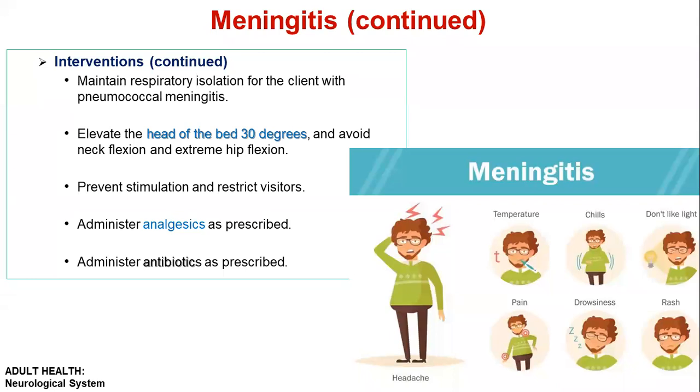In case of meningitis, nursing care is most important. Droplet precautions until antibiotics have been administered for 24 hours. So it is very important to isolate the patient. Quiet room, low light, head of the bed at 30 degrees, and we monitor for increased intracranial pressure.